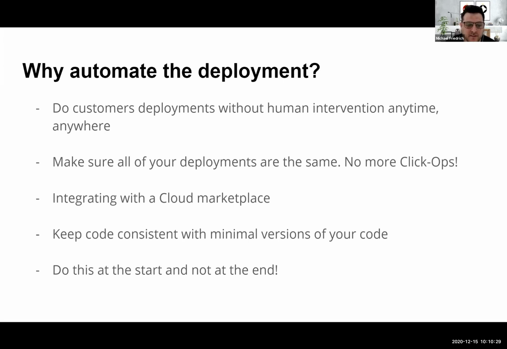Now, keep your code consistent with minimal versions of your product. This might be fairly obvious, but if your business strategy is to deploy a new tenant for each customer, then you want to have as few versions of your code as possible. For instance, when a new customer signs up to your application, you want to deploy that customer the same as all your other customers with the same version of code. Now, how do you make sure it's up to date?